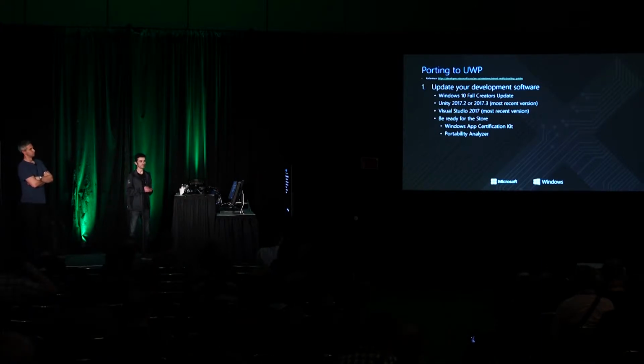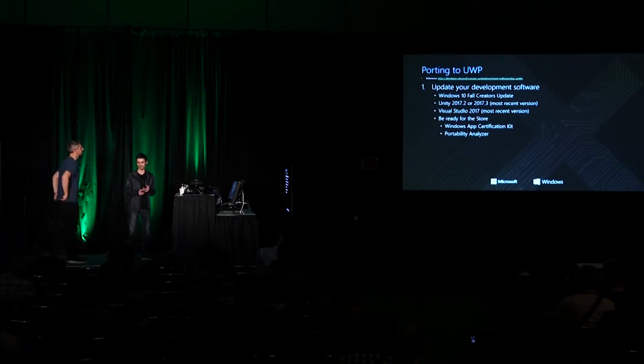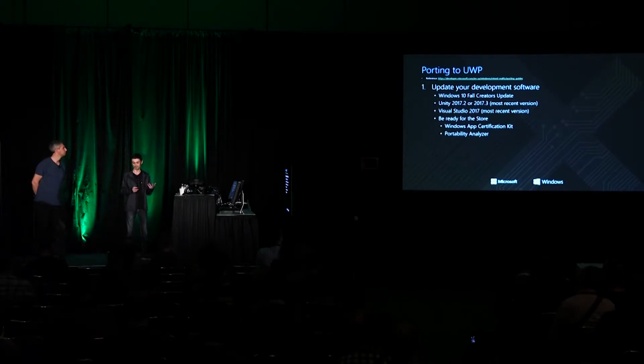First, of course, you want to make sure you have updated your software to everything you need to develop. Windows 10 Fall Creators Update is the right starting point, and you'll need to make sure you're using the versions of Unity and Visual Studio that are listed there on the slide, and some applications that you can use to make sure that when you do have everything running, it'll be able to go into the Microsoft Store.